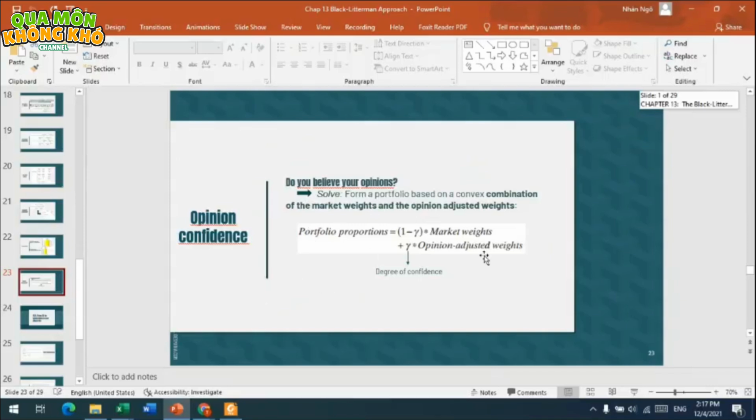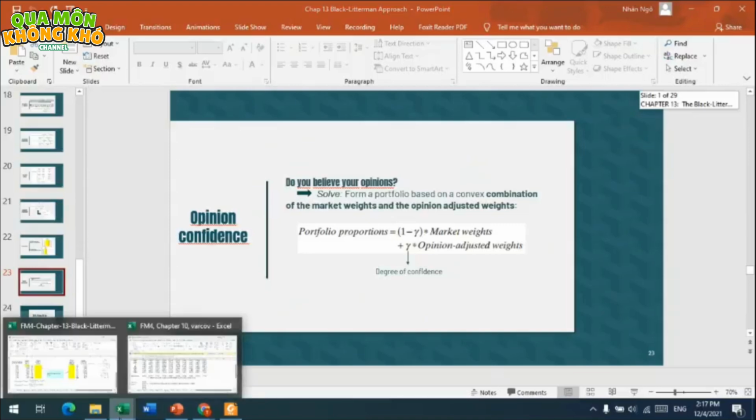And here is the formula. This is the degree of confidence. For example, you believe that 60% of your opinions will occur. So the symbol here represents the degree of confidence. So let's move to the calculation in detail.